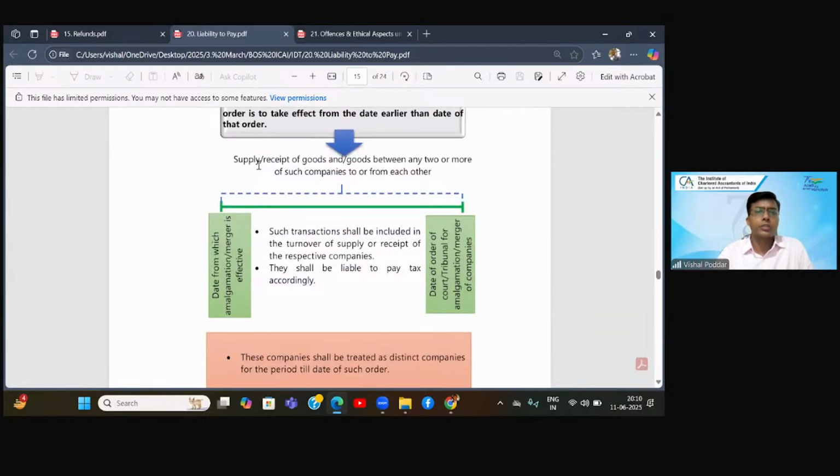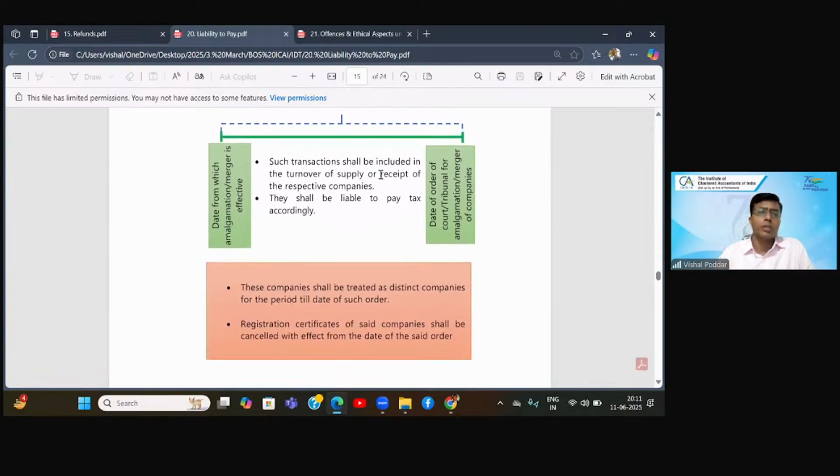Now such supply or receipt of goods and services between two or more of such companies or from each other, such transaction shall be included in the turnover of supply or receipt of the respective companies and they shall be liable to pay tax accordingly.